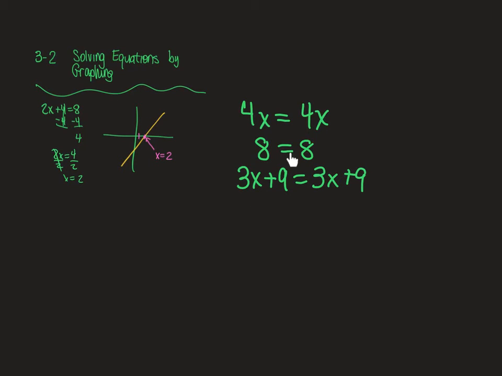Do you remember when we had these equations? We had one of them on our last test where the stuff on the left matches the stuff on the right. Left and right, they match. And do you remember what the answer to that was? All real numbers. So what would all real numbers, all solutions, look like on a graph? Well, let's go back. This guy, he's the answer because he crosses at x equals 2.